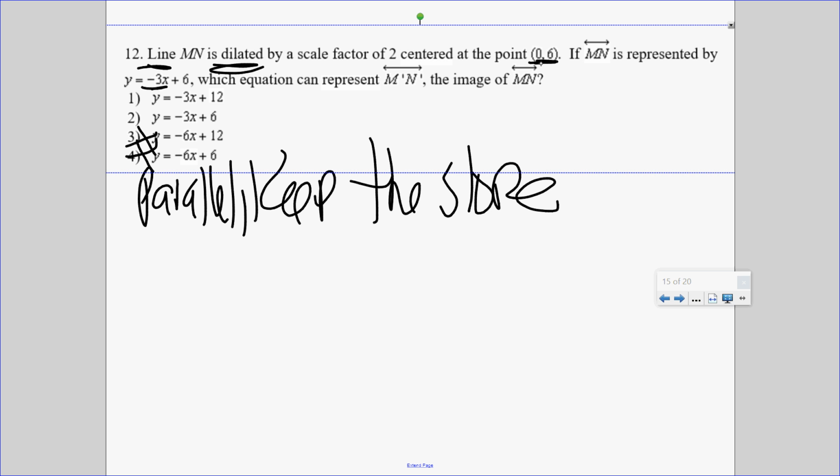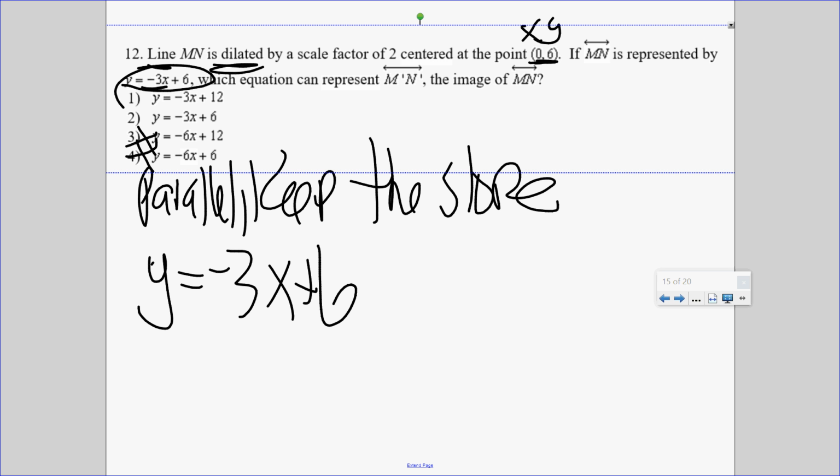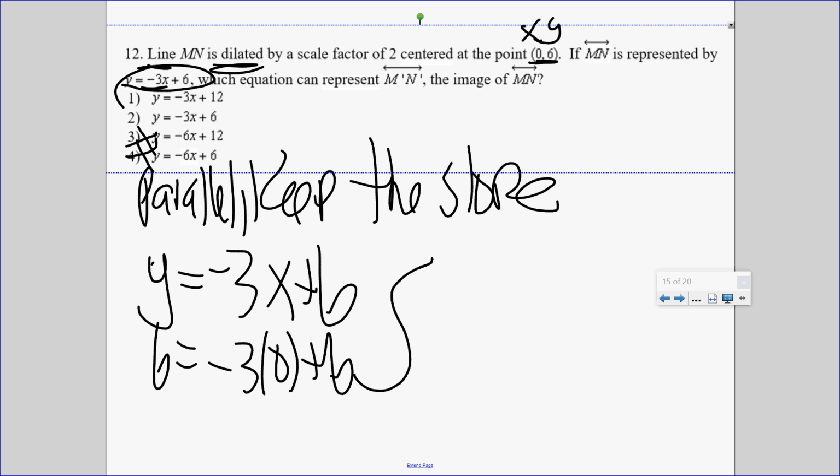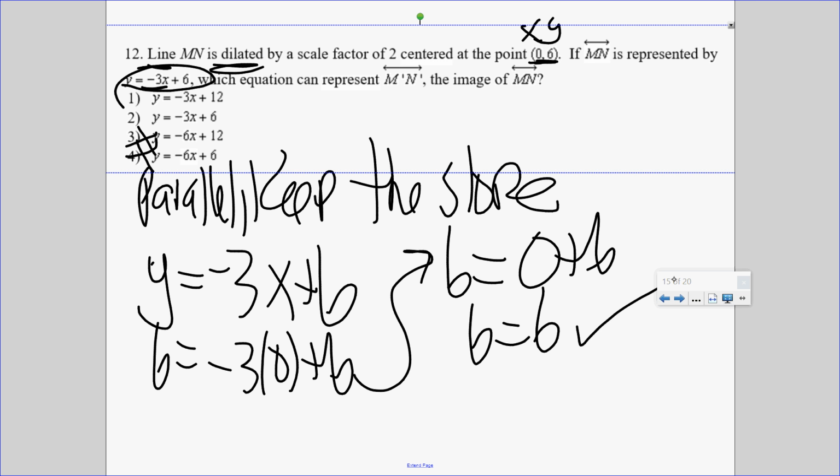No. Center on the line, sub x and y. So I'm taking my y equals -3x plus 6, and I'm substituting 0 for x and 6 for y. And it works out. The center is on the line.